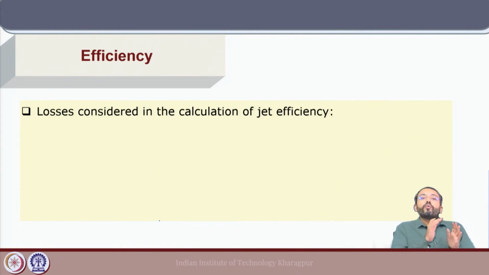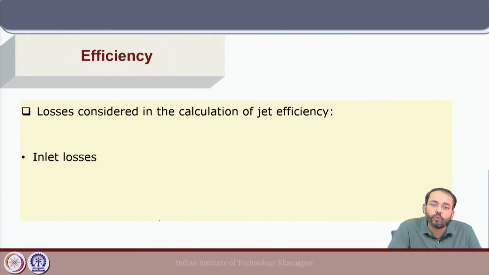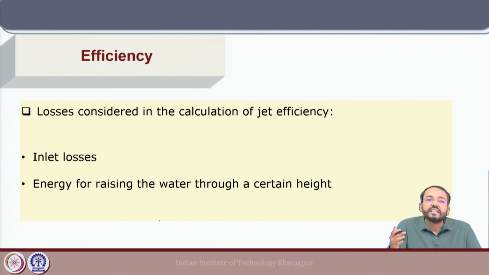Now, what are the losses that need to be considered while calculating the jet efficiency? That means, the efficiency of the water jet between the outlet and the inlet. The inlet losses will depend on the shape of the inlet through which the water is being taken in the ship hull through the water jet propulsion system.